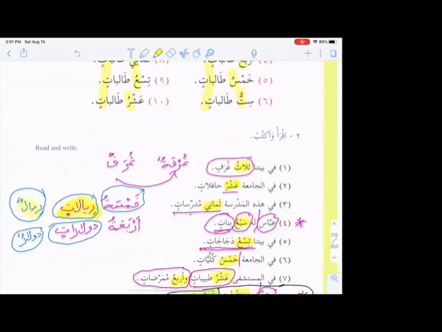Riyalun. So then we have to go to the singular, and it is masculine, and then we will say khamsatu riyalatin. Or you can say arba'atu dolaratin. Same. This looks like feminine, but no, it is dolarun. So it's masculine. This is what I am suggesting to you. It will guide you, my brothers and sisters. Fine.